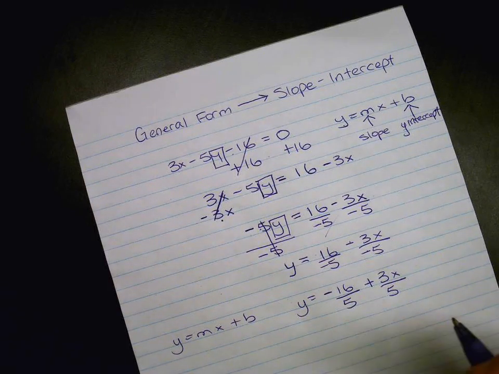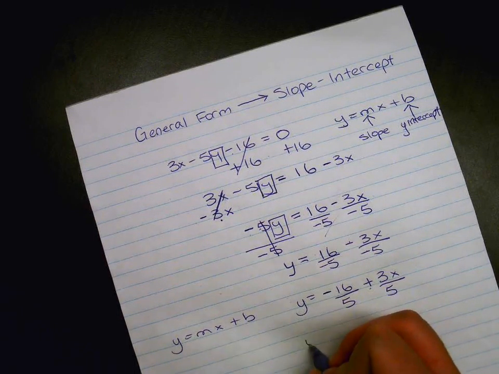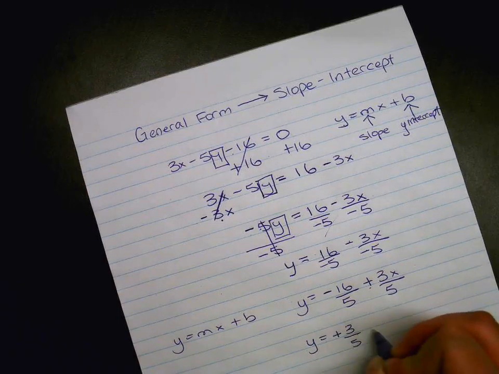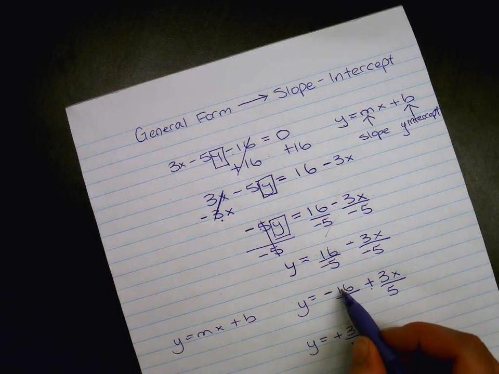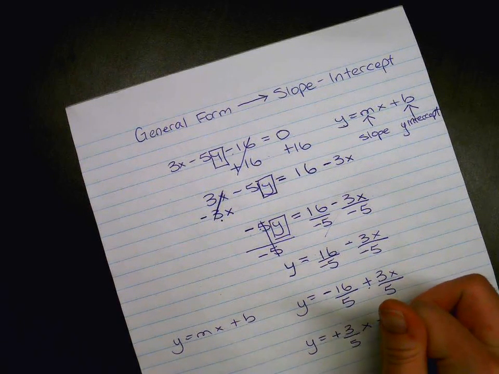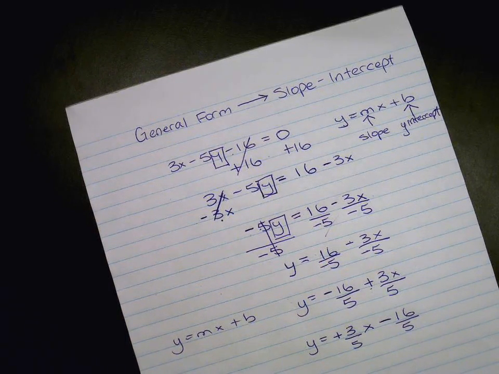We don't have to, but we can. The sign in front of the 3 over 5x is positive, so it remains positive. So it's 3 over 5x. And the sign in front of the 16 over 5 is negative, or subtract, so we're going to keep that with it. So let's subtract 16 over 5.